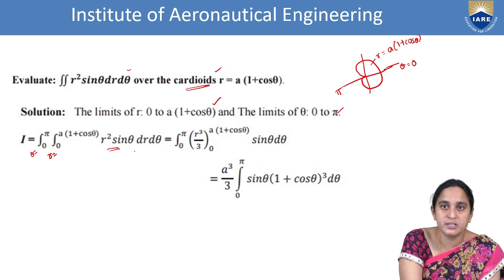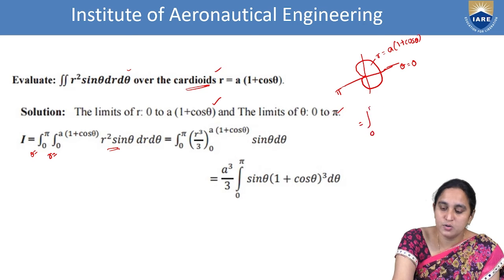When integrating with respect to r, we consider sine theta as a constant. The integration of r square is r cube by 3, and the limits of r are 0 to a into 1 plus cos theta. I'll write it clearly: integral 0 to pi of r cube by 3, with limits 0 to a into 1 plus cos theta, into sin theta d theta.